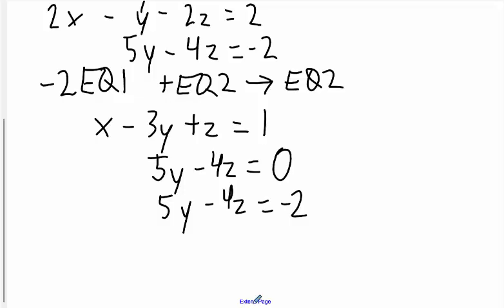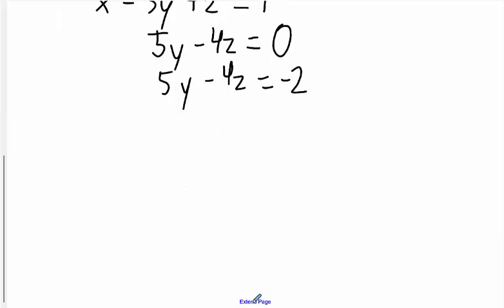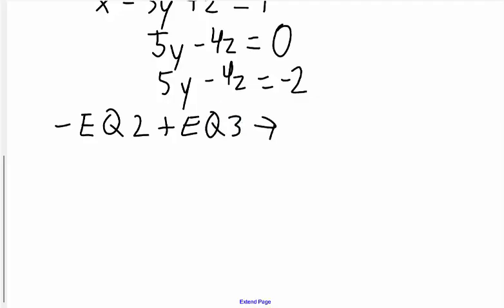So let's try to get rid of the y in the third one. So what we do is we say negative equation 2 plus equation 3, and we change it for equation 3.